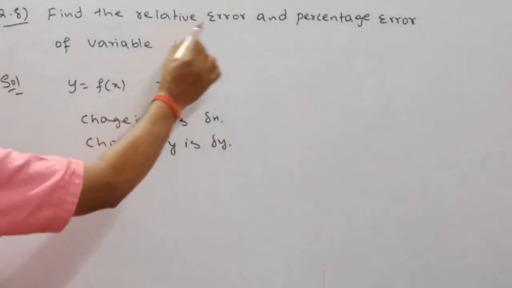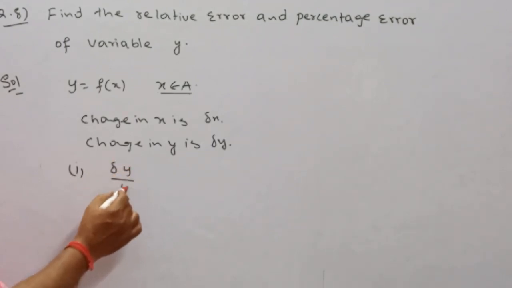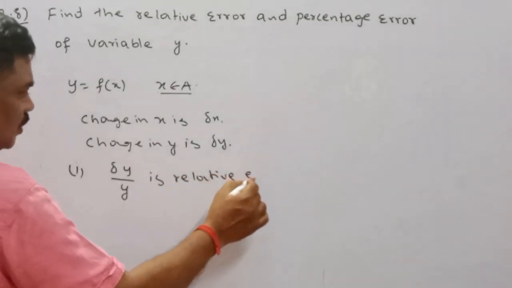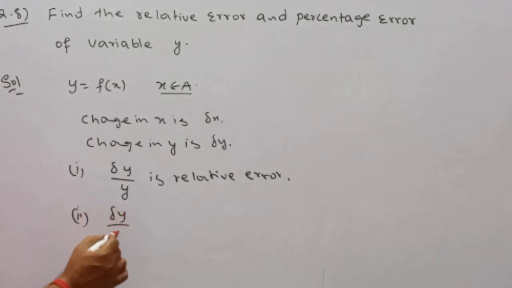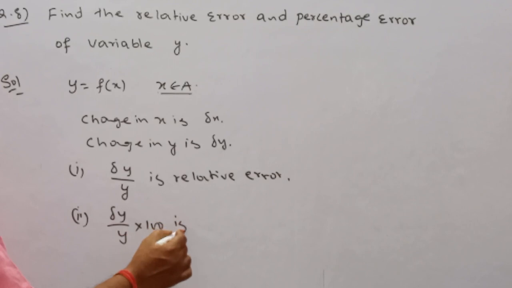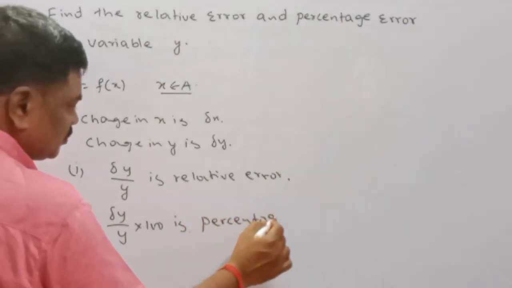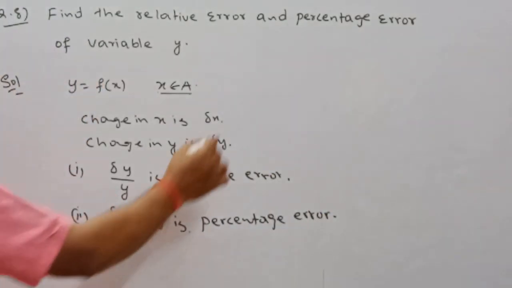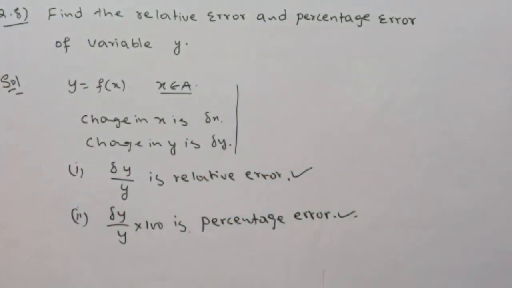First one, delta y by y is the relative error. And second one, delta y by y into 100 is the percentage error. Okay, all of you. This is the relative error and this is the percentage error of variable y. That's all.